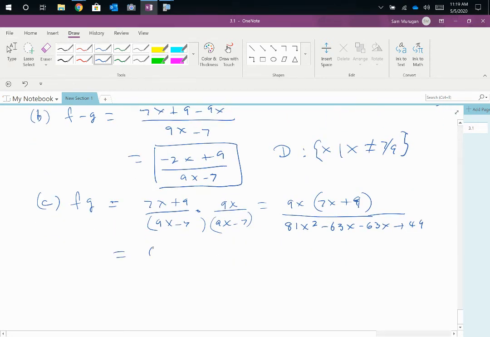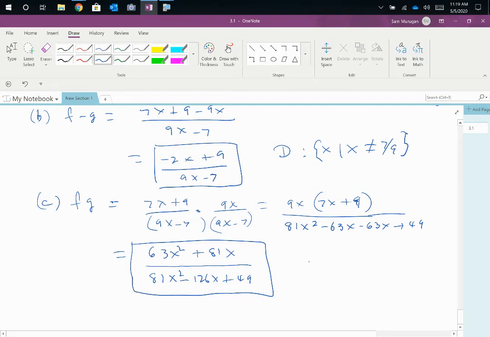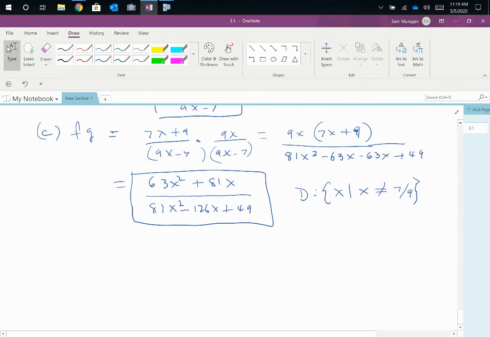Distributing the numerator, I have 63x squared plus 81x. And on the denominator, I have 81x squared minus 126x plus 49. The domain here still remains the domain of the original functions: x is not equal to 7 over 9. There's no need to set this denominator equal to 0 because we know that the domain for the first three cases must be the domain of the original functions.